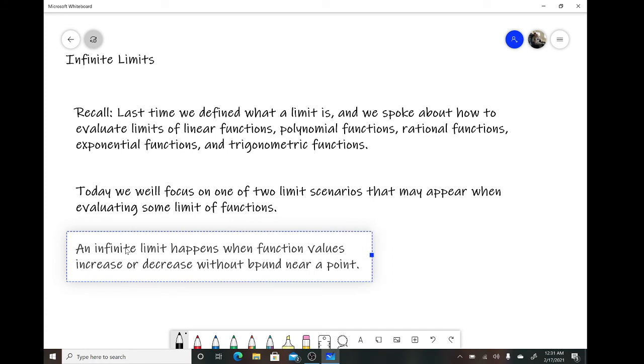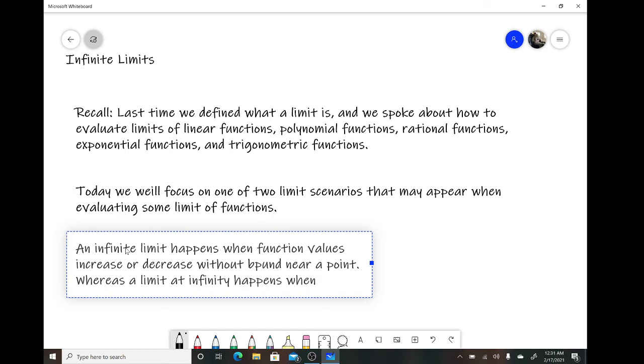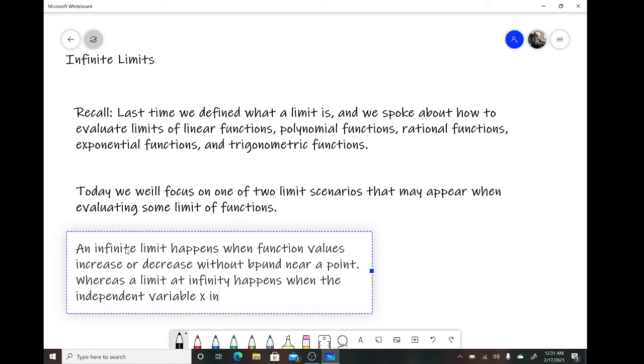Whereas a limit at infinity happens when the independent variable x increases or decreases without bound.